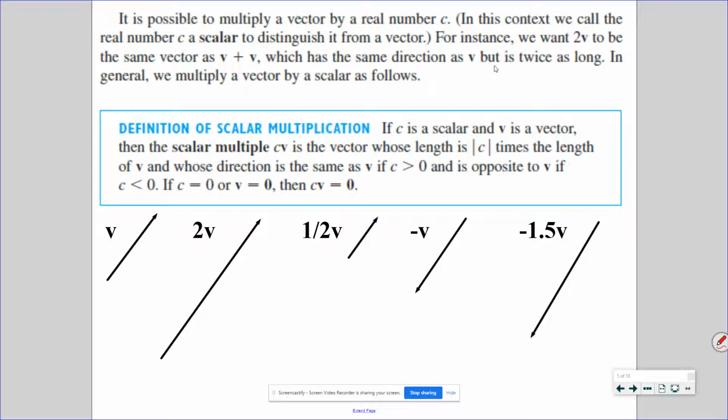Okay, you can take vectors and multiply them by constant values. What that will do is change the magnitude, the size of your vector. So let's say I start with vector v and it's about this length. 2 times that is just going to be double the length. Half of that would be half the length.